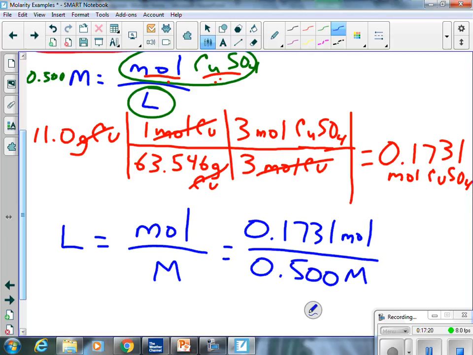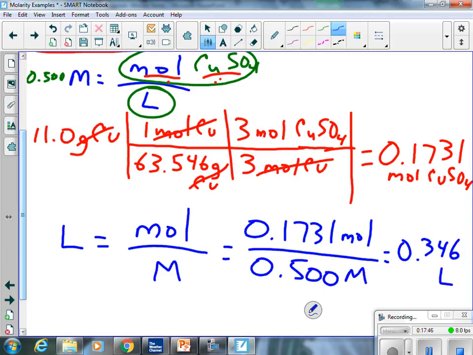So when I do my math and divide that by 0.500, I get 0.346 liters. Did my question want me to solve for liters? No, it wanted what?